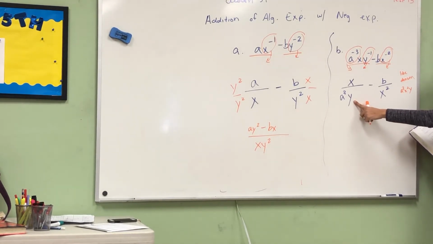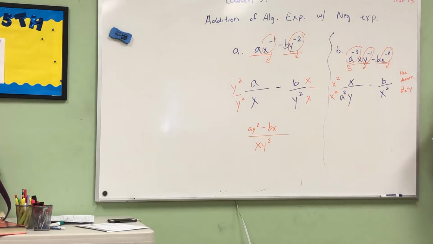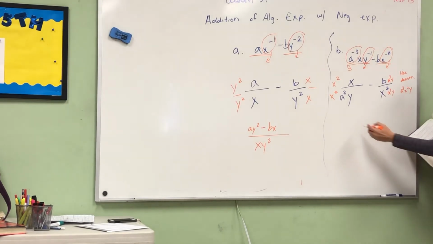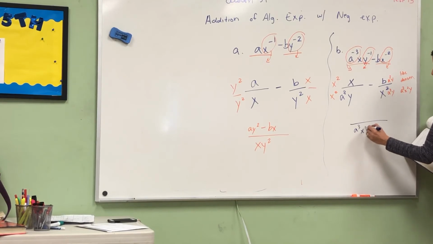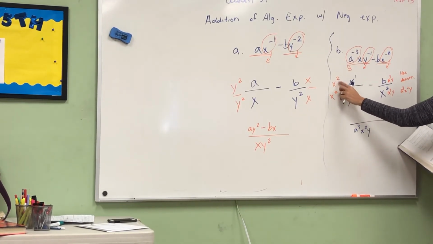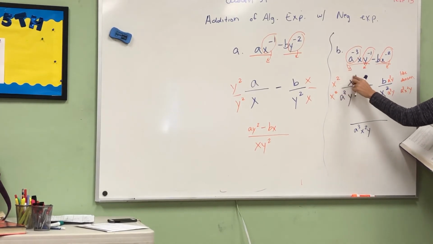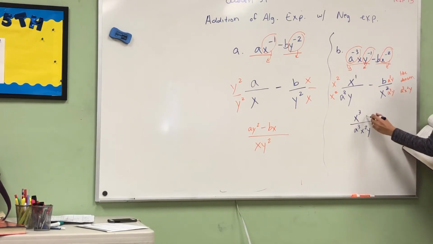That one needs the x squared, so you're going to multiply that to both the top and bottom. And then this one needs the a cubed y. So my new denominator is a cubed x squared y, and then we get x squared times x. Remember when we're multiplying like bases, we what, everybody? Add the exponents, so I get x cubed minus a cubed b y.